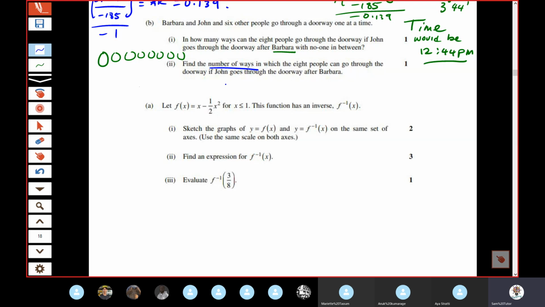Find the number of ways in which 8 people can go through the doorway if John goes through the doorway after Barbara. So you're saying do it as John goes in before Barbara, which would almost be the same. Isn't there a lot of different combinations? What would it be initially? Wouldn't it just be 8 factorial if there was no condition?